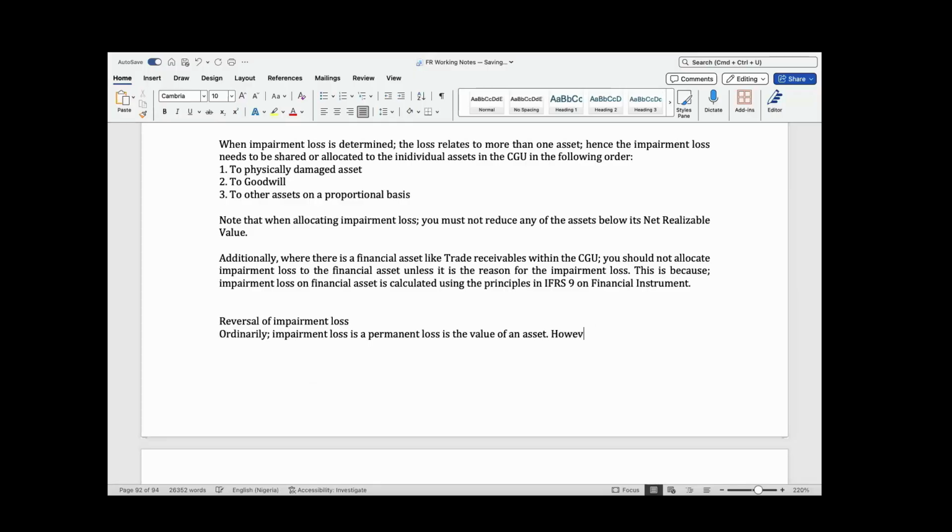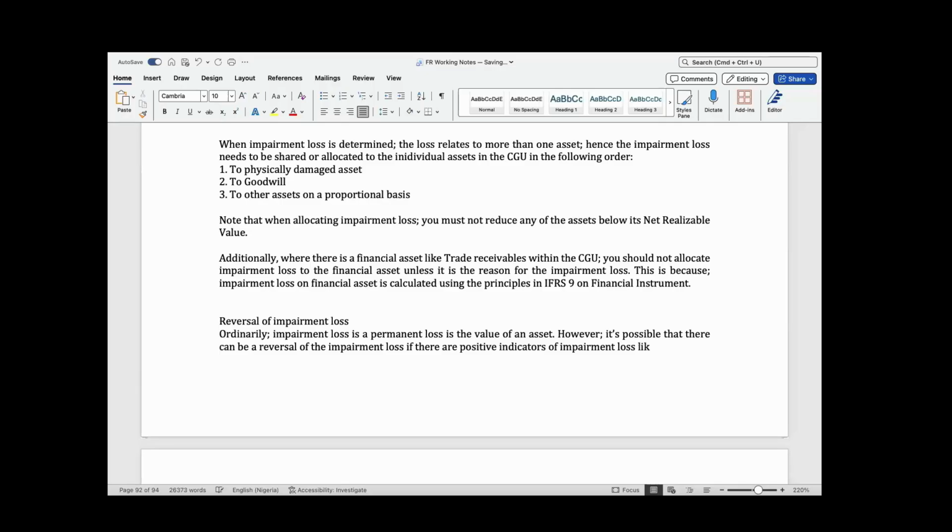However, don't say nothing is impossible. It's possible that there can be a reversal of the impairment loss, if there are positive indicators, like all of those indicators we mentioned.